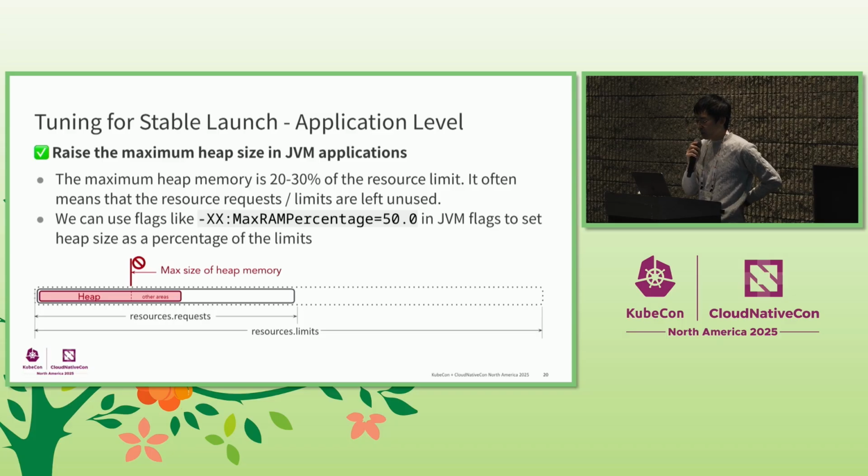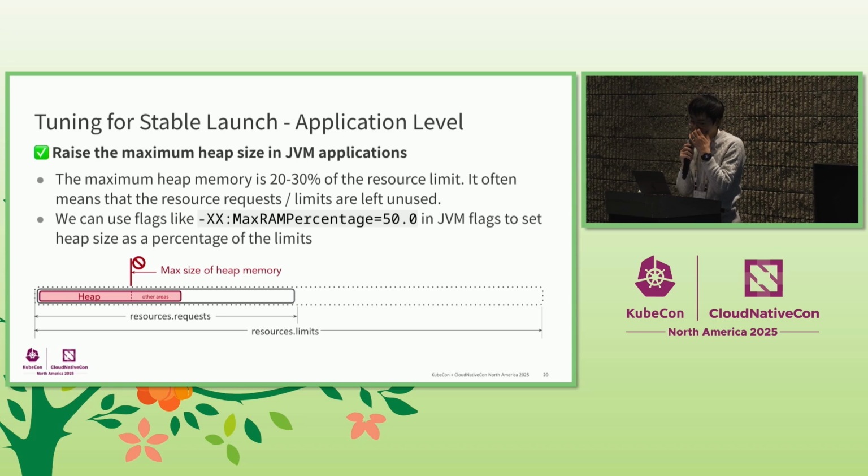Especially for memory management. Java applications automatically set about 25% of the memory limit as the maximum amount of heap memory. This is usually too small, which means applications can't utilize the allocated memory even if you raise the limit.